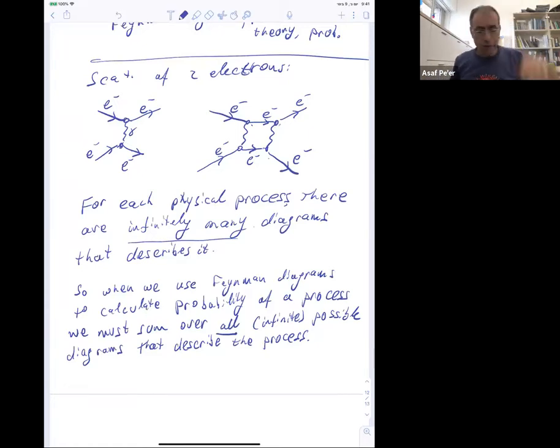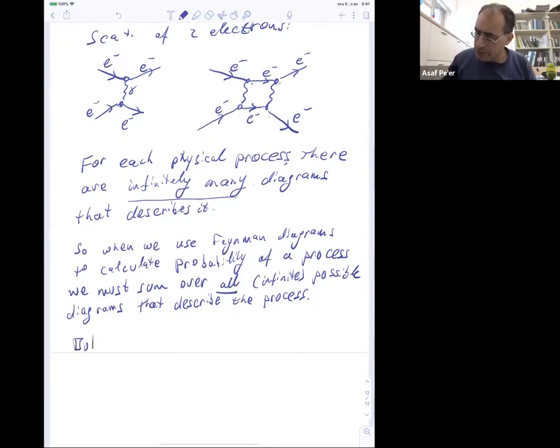In the right one, you have 4 vertices. And that's a big difference, because we said that for each vertex, there is an associated coupling constant. That's what's going to save us.